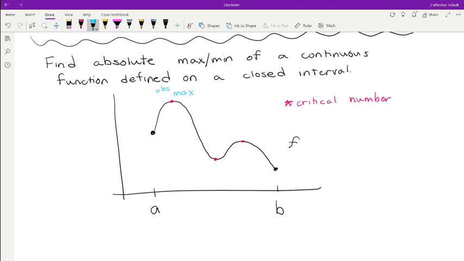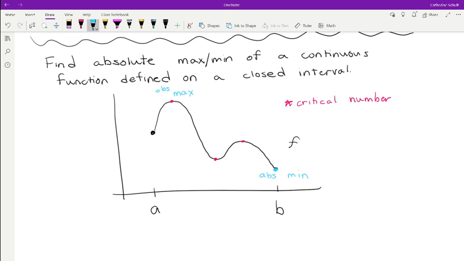All right, and then here's a local minimum, here's a local maximum, and then this is actually the absolute minimum and the endpoint.